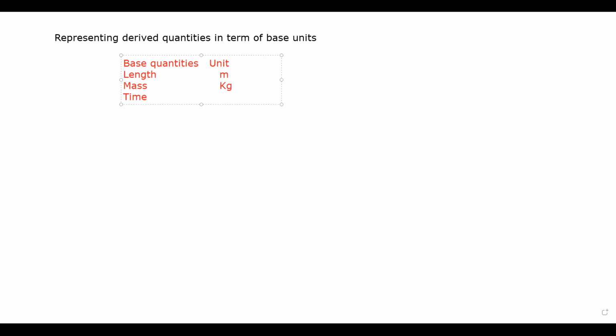Time is there, that is second. Current is there, electric current, that is ampere. And temperature is there, that is Kelvin. Other two are there, but we don't have to use them.